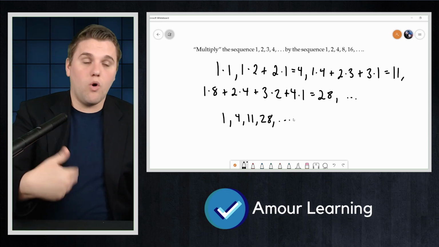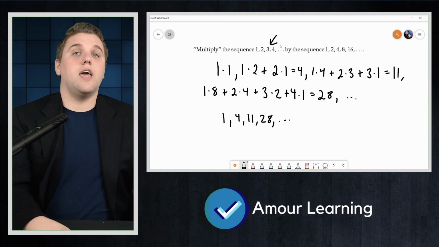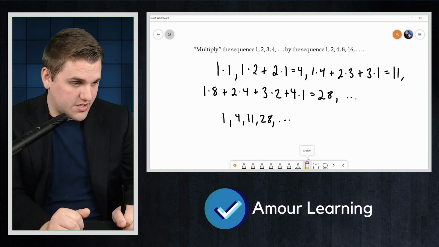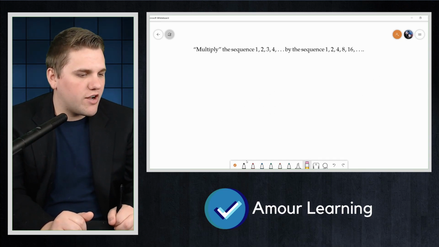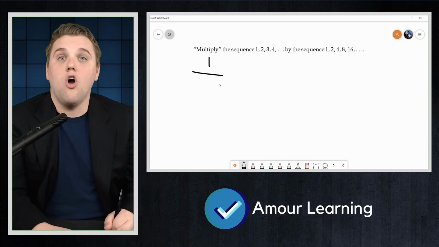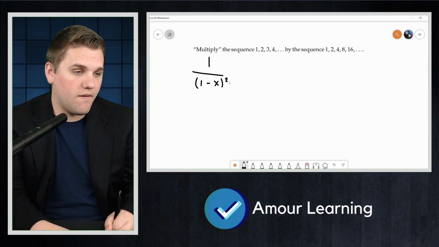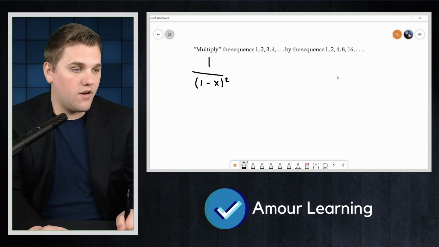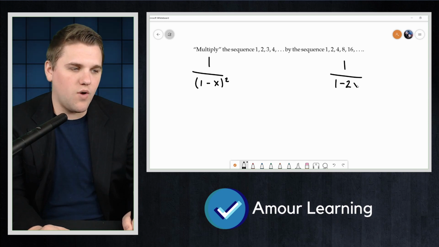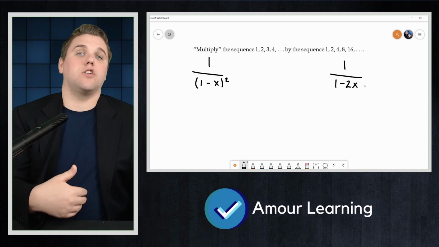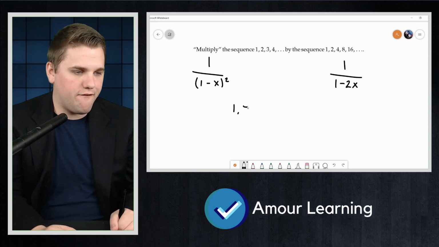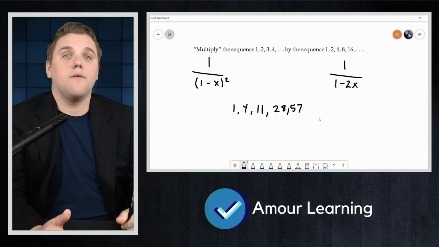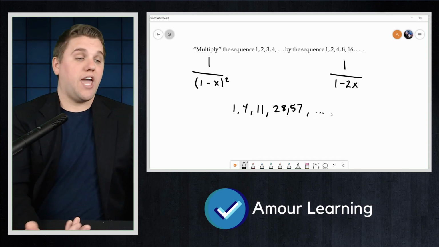Since the generating function for 1, 2, 3, 4, this one right here, is 1 over 1 minus x all squared, and the generating function for 1, 2, 4, 8, 16 is 1 over 1 minus 2x, we have that the generating function for that sequence, 1, 4, 11, 28, 57, and so forth, that we just found, is just the multiplication of these two things.